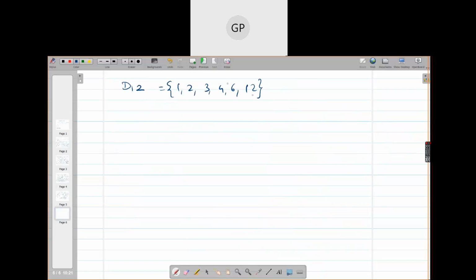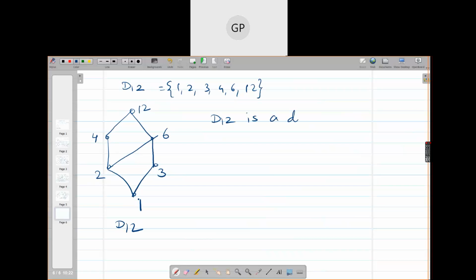These are the factors, and this is how the Hasse diagram looks: 1, 2, 3, 6, 4, and 12. So one can check that D12 is a distributive lattice.